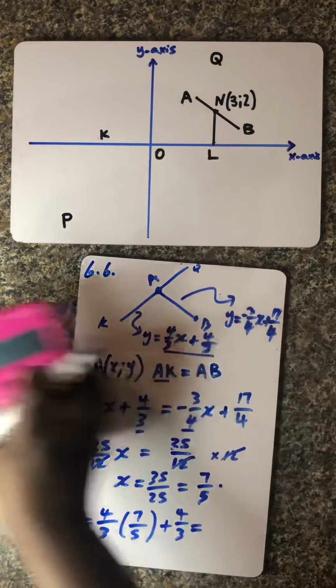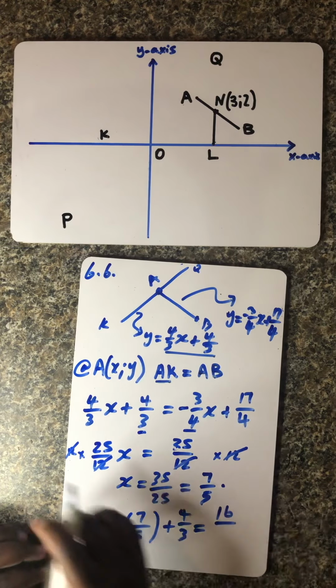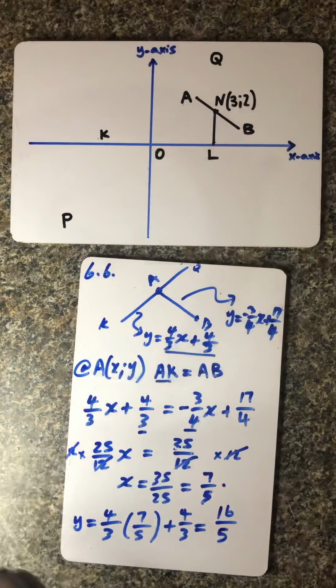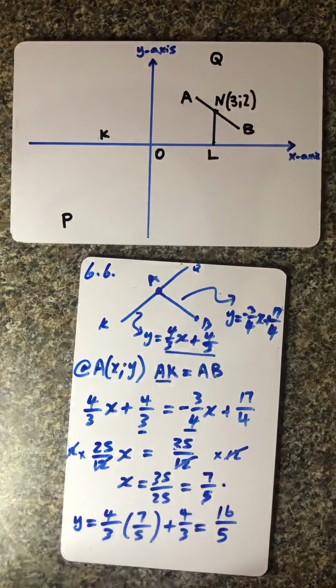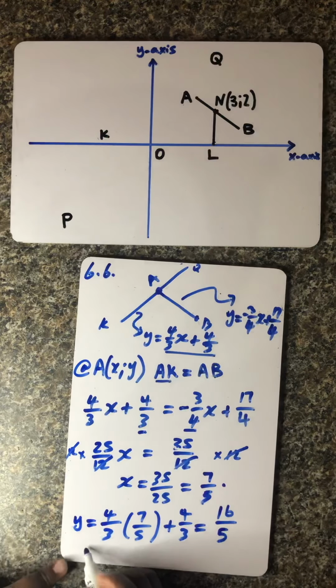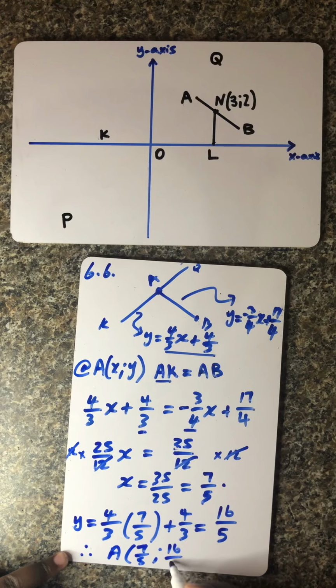We're getting 16 over 5. It's promising, ladies and gentlemen. So that means we are on the right track. In this way, we've proven that the coordinates of A are 7 over 5 and 16 over 5.